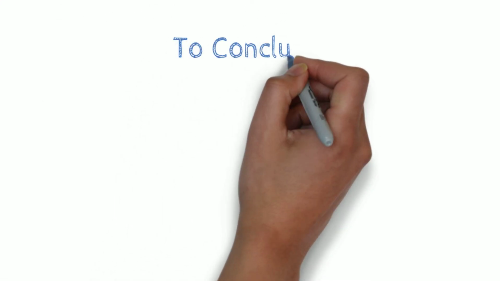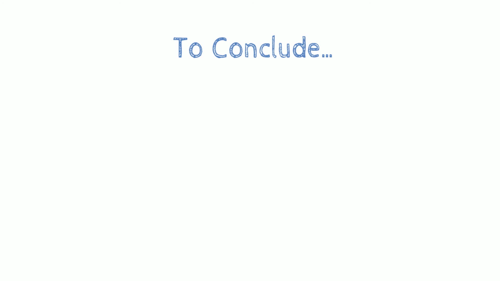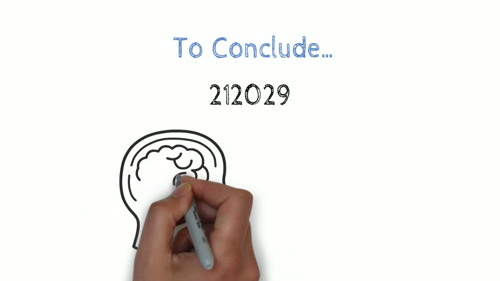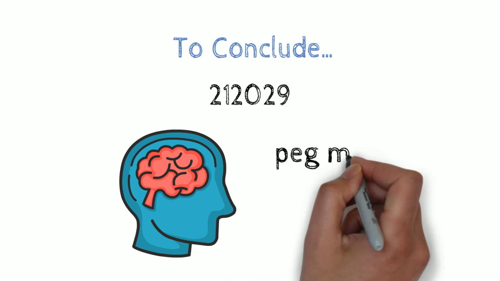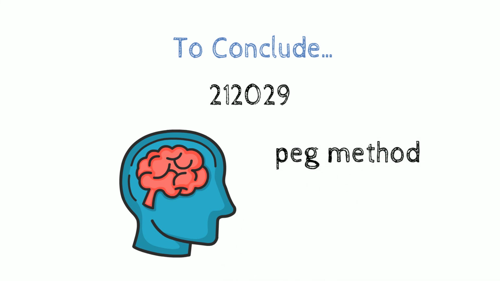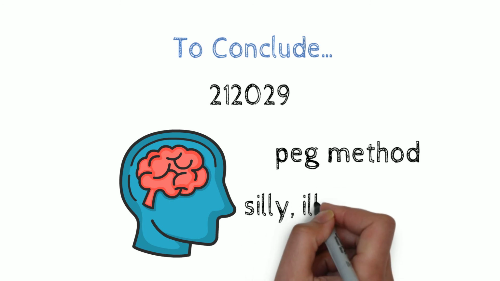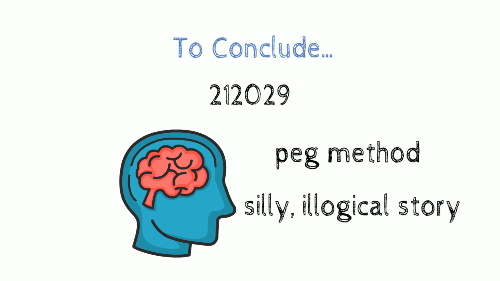As I conclude, to practice what we've learned so far in this video, have a look at this 6-digit number, 212,029. Think you can remember this number tomorrow or the day after tomorrow? You can, if you involve your imagination and the peg method of memory. So let's create a silly illogical story to memorize this number.